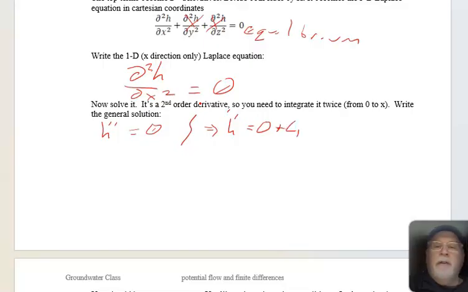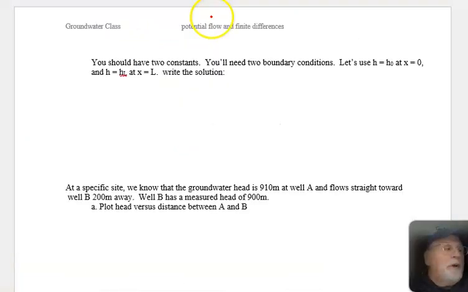And if I integrate that again, the first derivative becomes h equals c1 times x. The 0 is gone, it's just a 0. Plus another constant, c2. So h equals c1x plus c2.